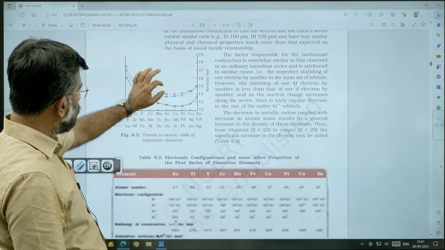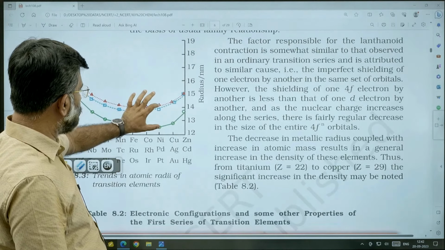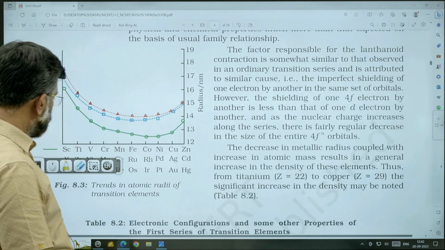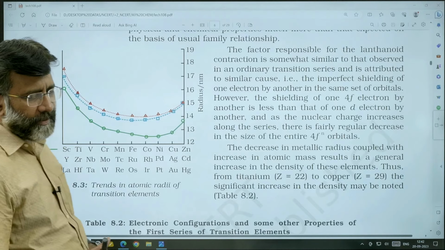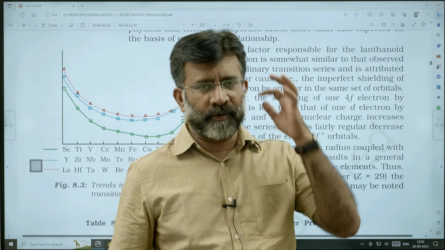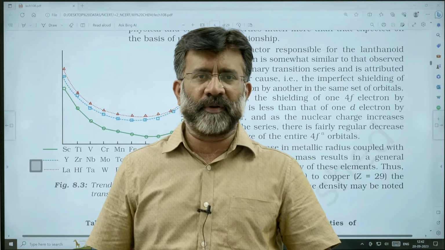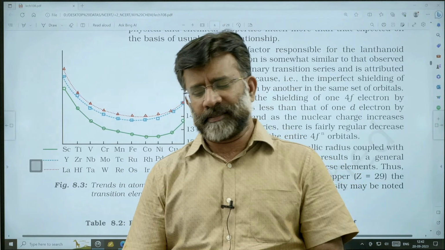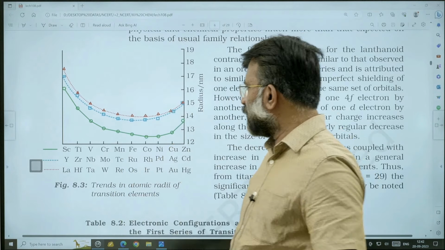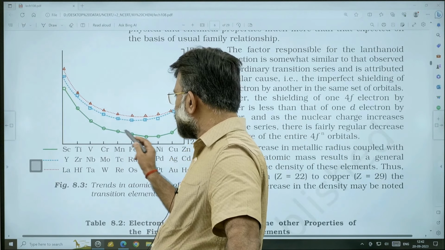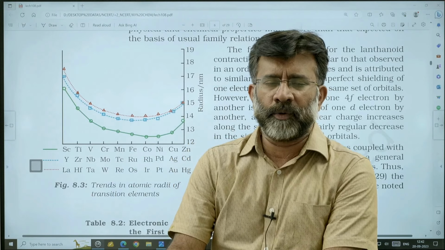Now it is a talk on atomic size. Look at the atomic size coming. In each series, as you move from left to right, atomic size gradually decreases. Atomic size is gradually decreasing as the electrons are added to d orbitals.